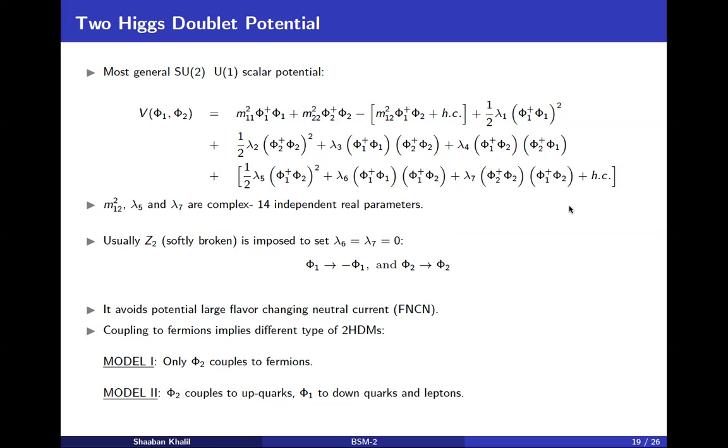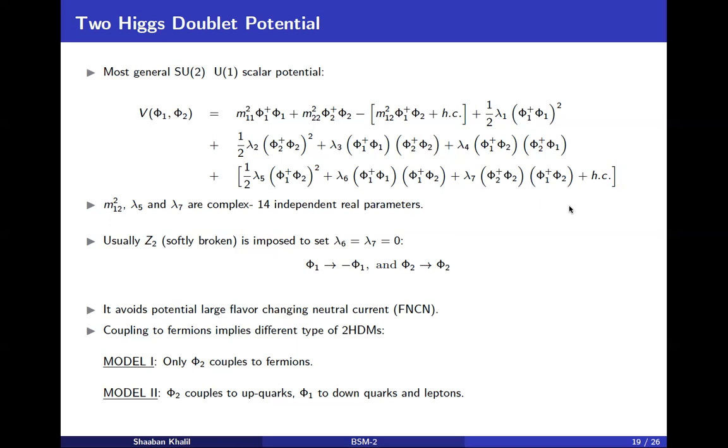And then a mixing term lambda 3, similar to the one we have in the singlet scalar with doublet, now doublet with doublet. And then more mixing terms, lambda 4 for phi 1 dagger phi 2 squared. All these combinations are invariant under SU(2) because both are doublets. So in fact, all these combinations can be invariant, and therefore we have this rich or complicated potential. Many parameters, almost 14 independent real parameters, 7 complex parameters.